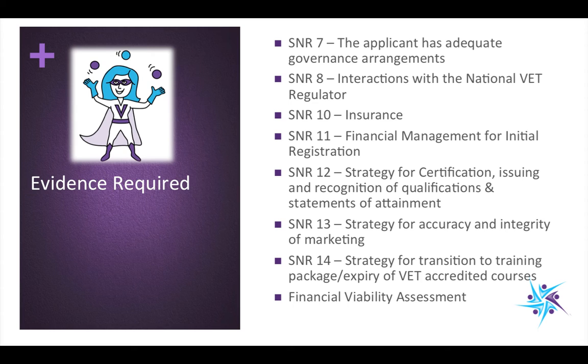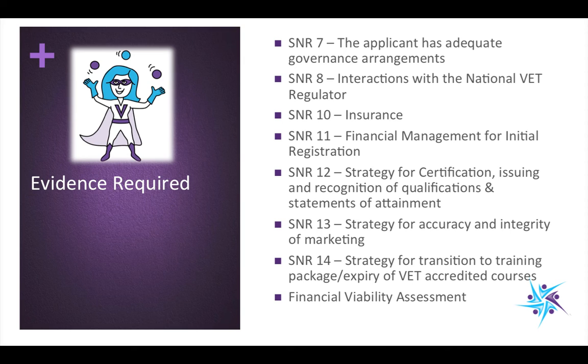So SNR 7 is all around your governance arrangements within the RTO, so how you're going to manage your RTO basically and comply with the VET regulator. SNR 8 is your interactions with the National VET Regulator. SNR 10 is insurance, so it's public liability insurance. SNR 11 is your financial management for initial registration, which includes your financial viability.